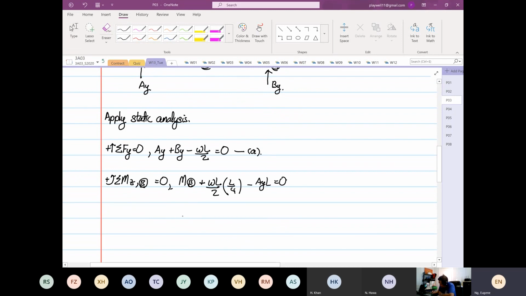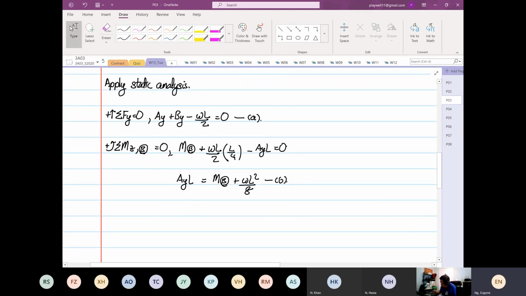So AY L is equal to moment about point B plus omega L squared divided by 8. This is your equation B. The next thing you do is summation of forces in the X direction, which is going to give you equal to 0. So what you will see over here is that you have unknowns.